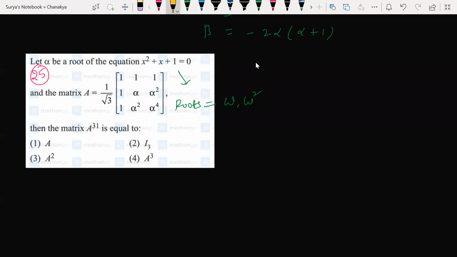See beta, look at this, this equation gives me the omega and omega square values. If you factorize, minus b plus or minus square root of b square minus 4ac, if you apply that formula, beta, the omega value is going to be minus 1 plus or minus square root of minus 3 by 2. So this can be written as i root 3, correct?